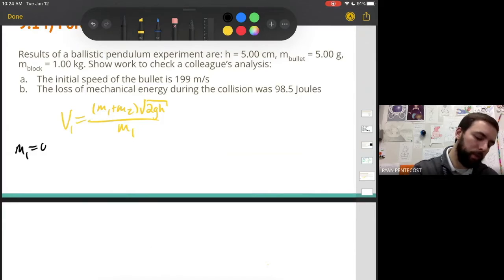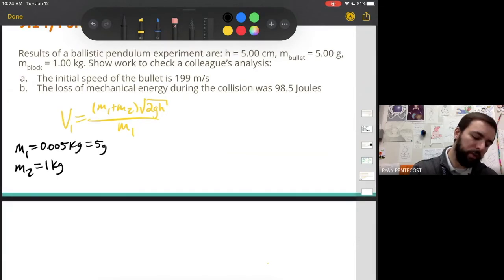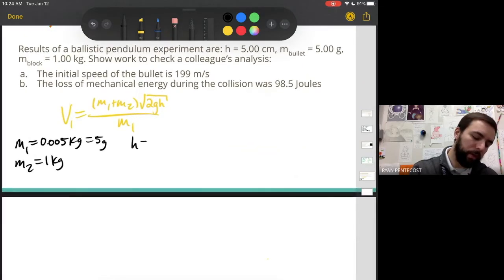M1 is 0.005 kilograms, because that is 5 grams, right? Mass 2 is 1 kilogram. G is itself, it's G. H is 0.05 meters to show that it is 5 centimeters. That's all we need. Let's get to it.